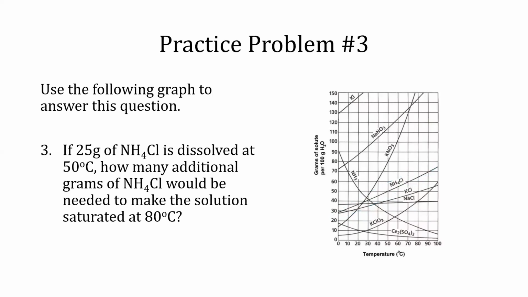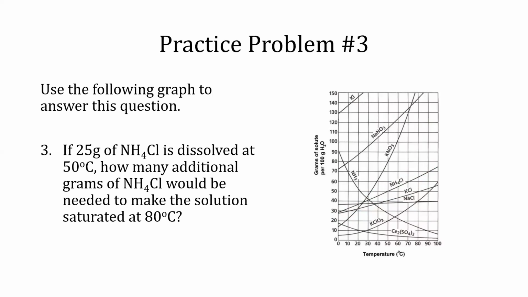Practice problem 3 is, if 25 grams of NH4Cl is dissolved at 50 degrees Celsius, how many additional grams of NH4Cl would be needed to make the solution saturated at 80 degrees Celsius?